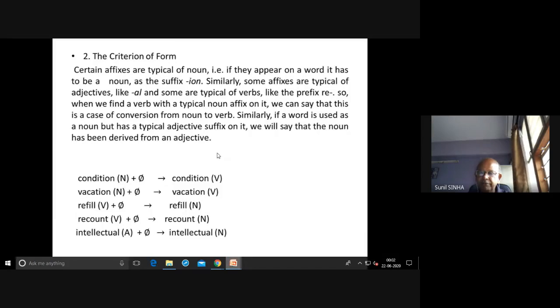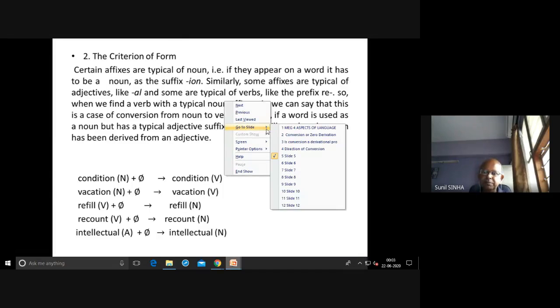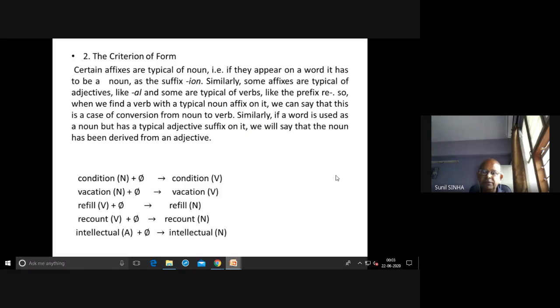We do not derive vocation as a noun from vocation as a verb. We derive condition as a verb from condition as a noun, or vocation as a verb from vocation as a noun.